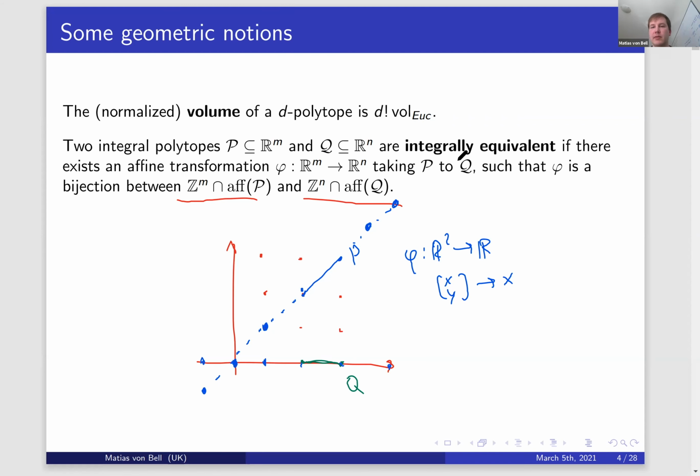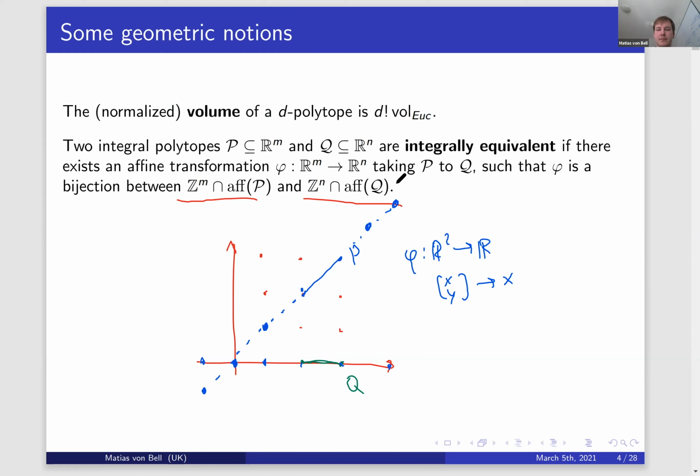One thing that's important about this integral equivalence is not only that you get combinatorially equivalent polytopes, so their facial structures and everything are the same, but it also preserves the volume. And if you know what the Ehrhart polynomial is, then it also preserves the Ehrhart polynomial.